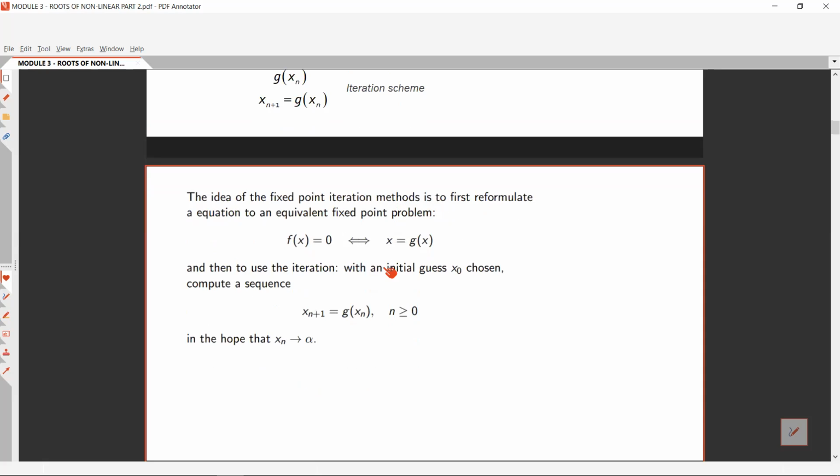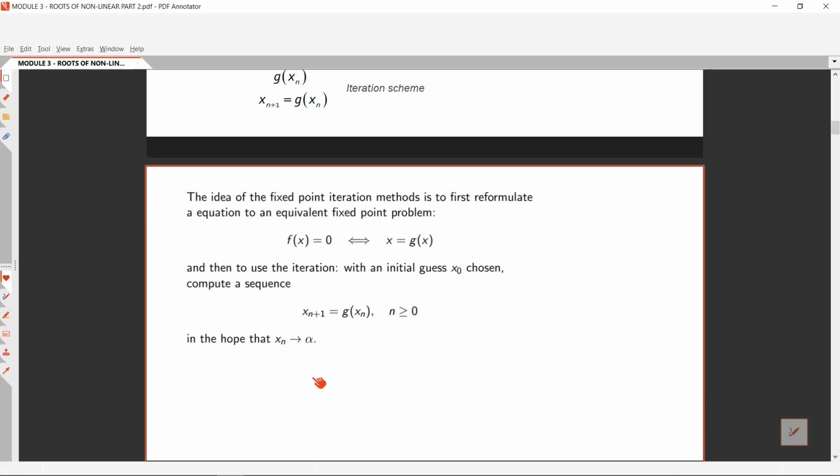Suppose you have a function f of x. You convert it into x equals g of x, and you use this iteration scheme to find the roots of the equation.